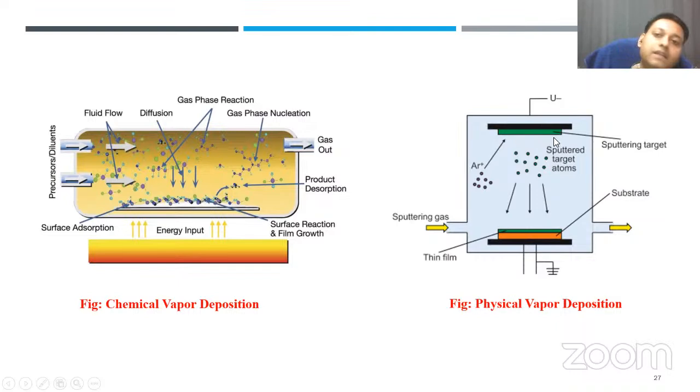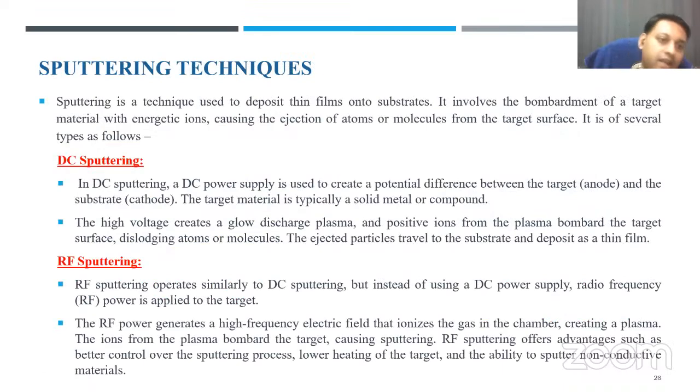That may be a metal, an insulating material, anything that you want to achieve. Apart from that, you need to maintain an inert atmosphere because we don't require any chemical reaction here. So an argon atmosphere is kept inside the chamber. This is the physical vapor deposition technique.